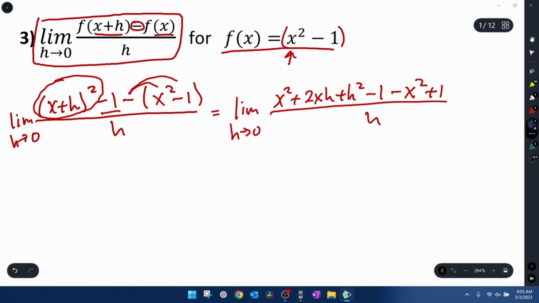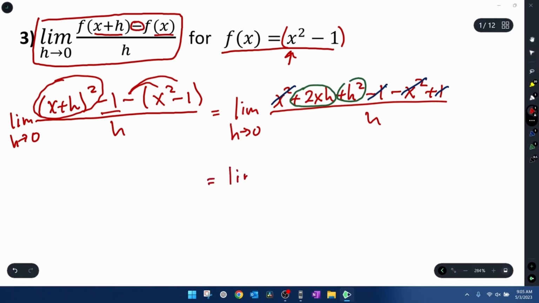Now notice in the numerator that the x squareds will cancel and the 1's will cancel. And if you notice, all of the remaining terms in the numerator have an h.